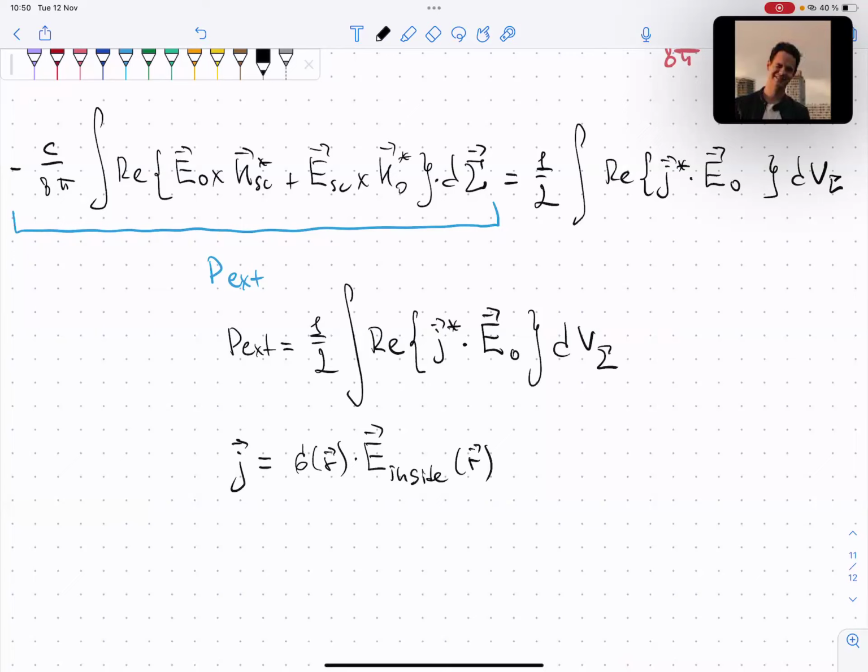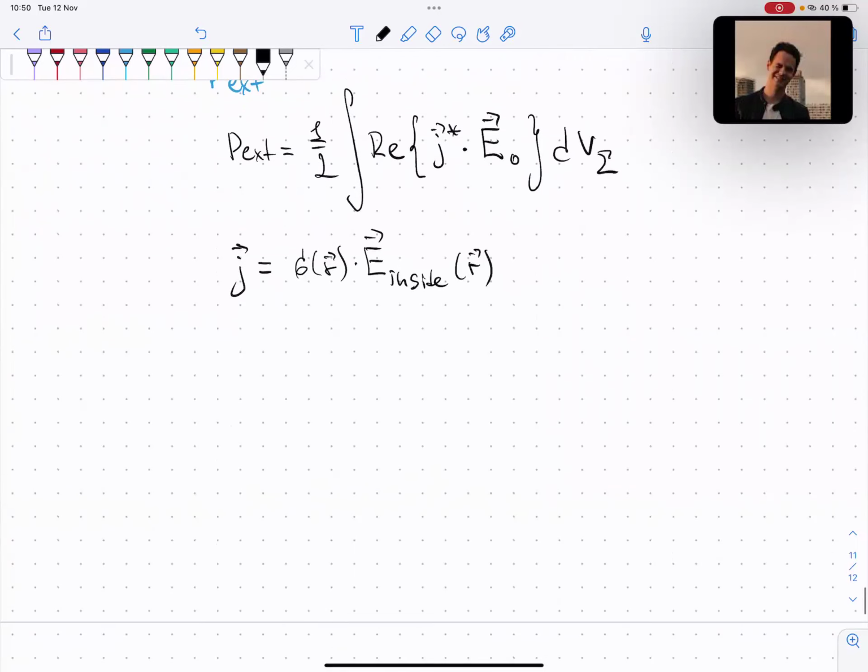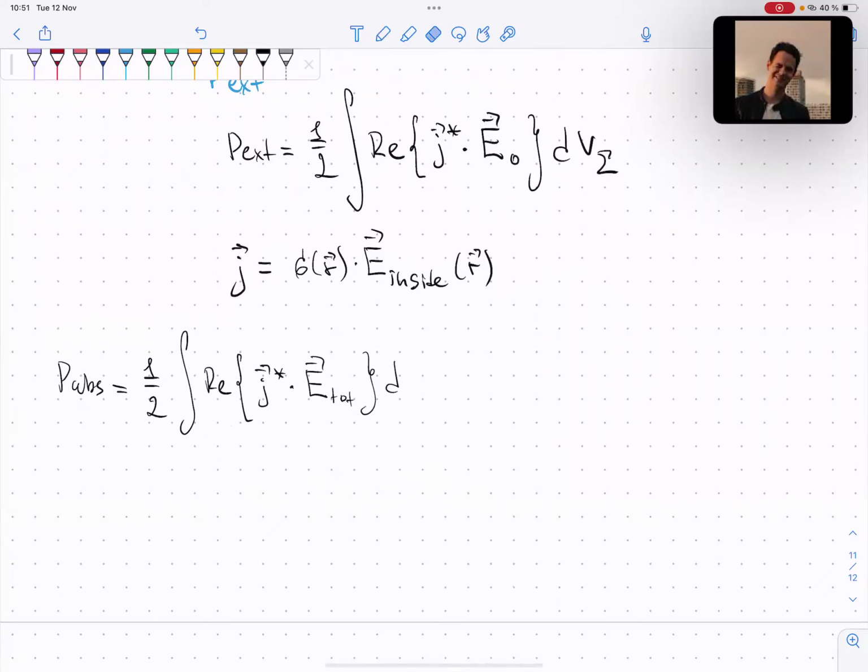In the case of absorption cross-section, we would have something like this: 1 divided by 2 integral of the real part of J multiplied by the total electric field over dV sigma.